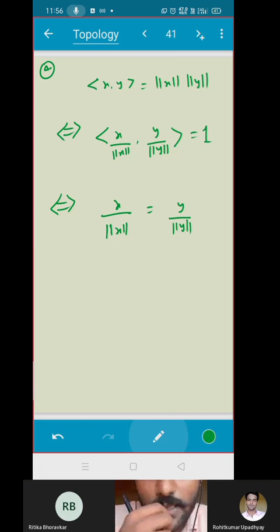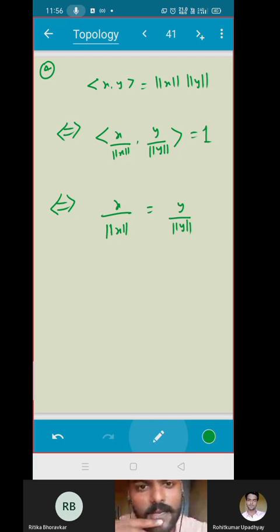Do you see why I'm saying this? Because what do you know about x upon norm x? This is a unit vector. And what do you know about y upon norm y? Unit vector. Both are unit vectors, and you are given that their inner product is equal to 1. Can I say that x upon norm x is the same as y upon norm y?